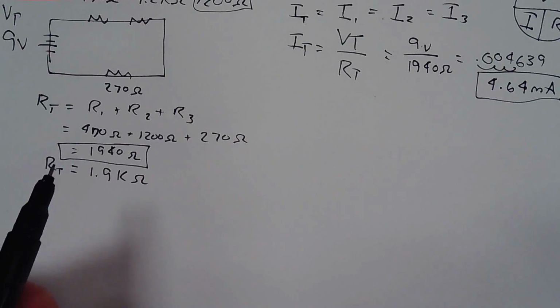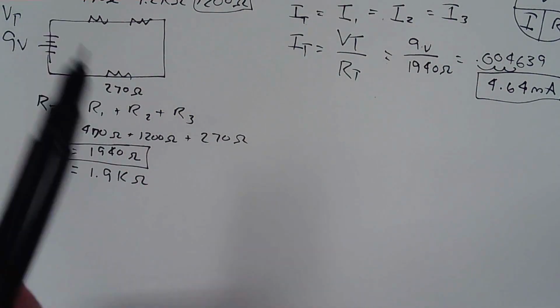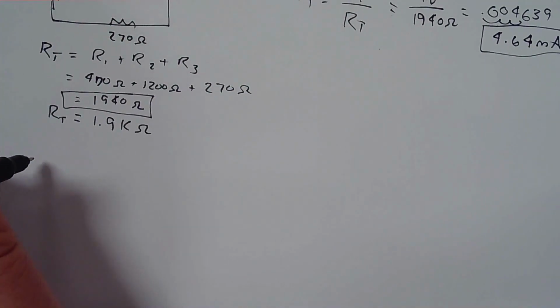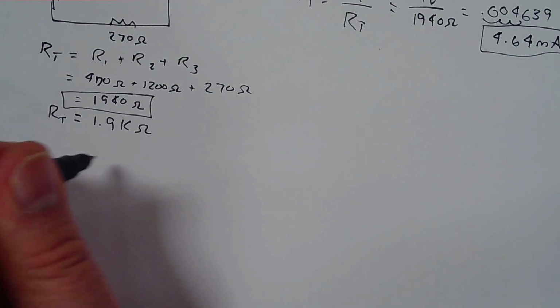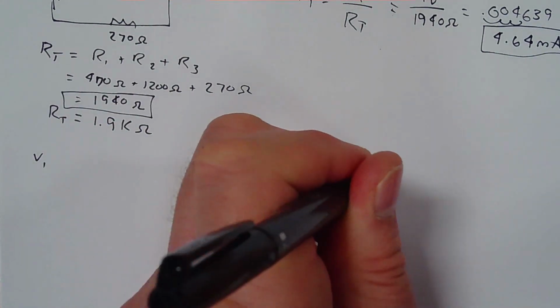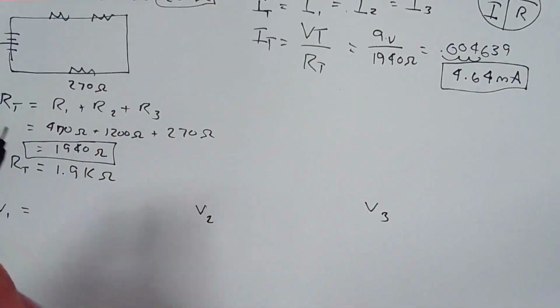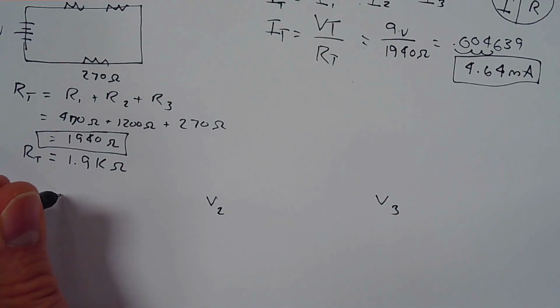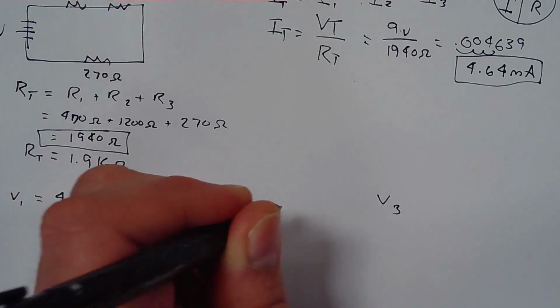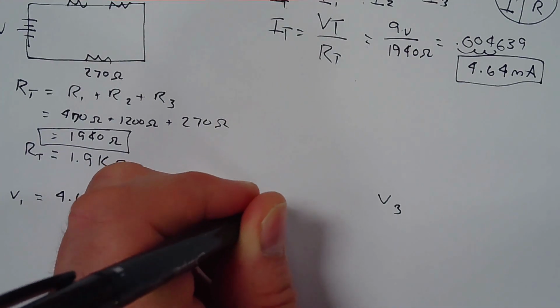Then we just need to solve for voltages at 1, 2, and 3. Voltage at 1, voltage at 2, voltage at 3. Voltage is equal to I times R. Current's going to be the same, so we can write 4.64 in each of these.